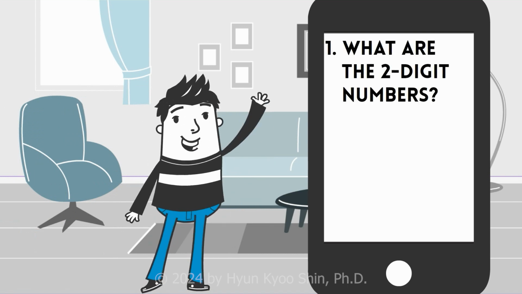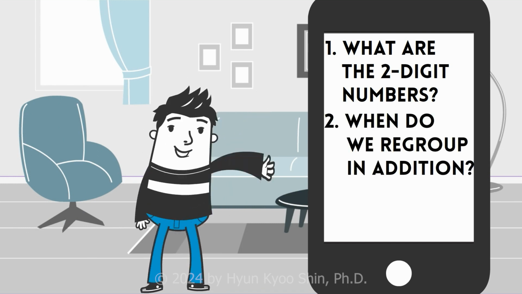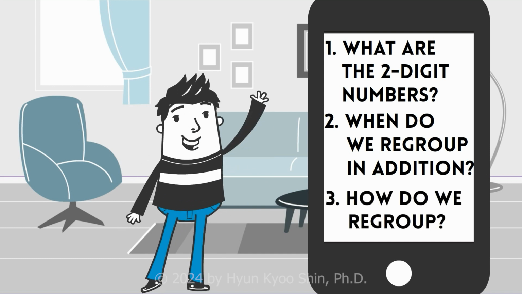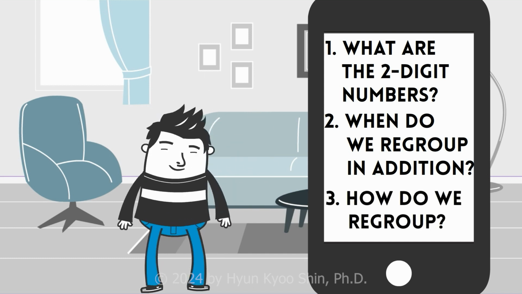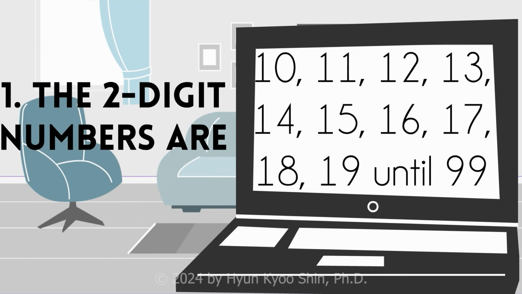What are the two-digit numbers? When do we regroup in addition? How do we regroup? The two-digit numbers are 10, 11, 12, 13, 14, 15, 16, 17, 18, 19, until 99.